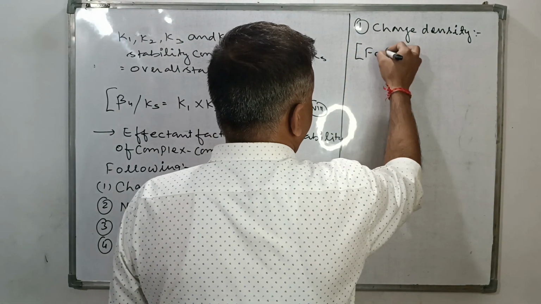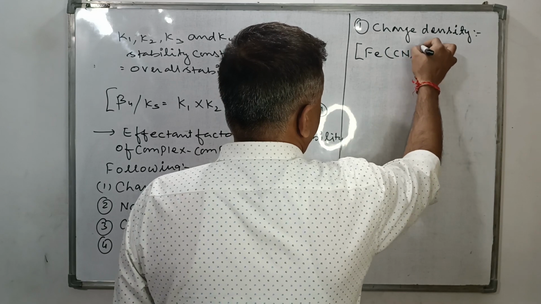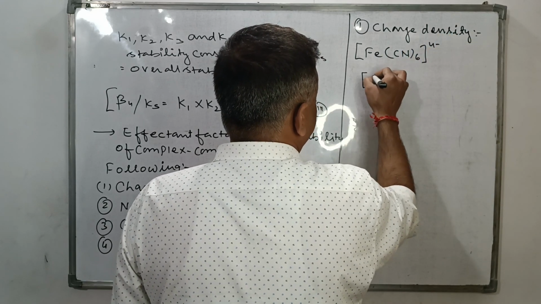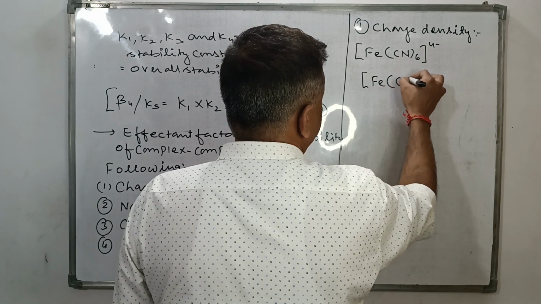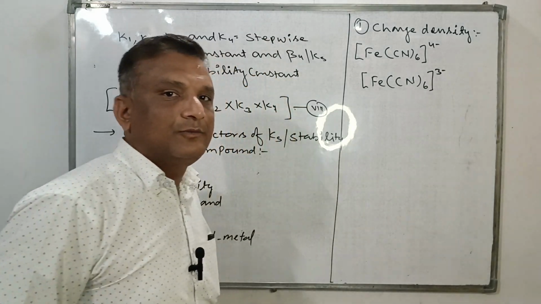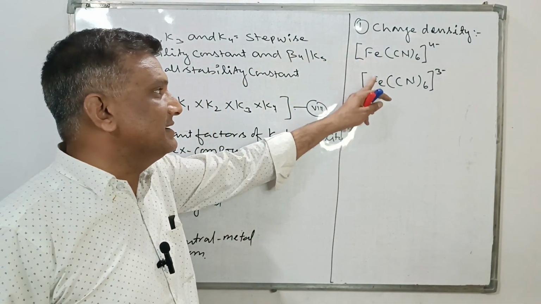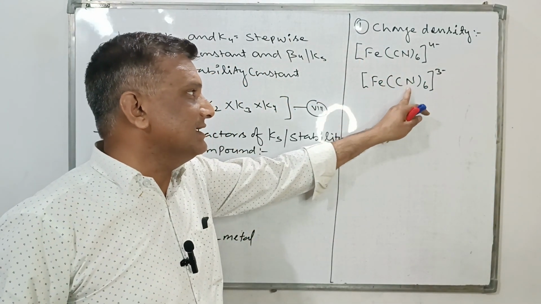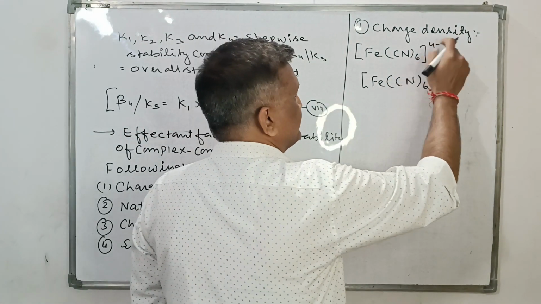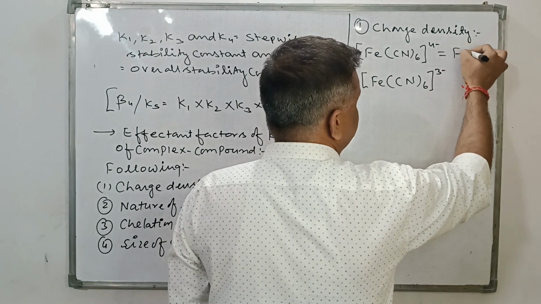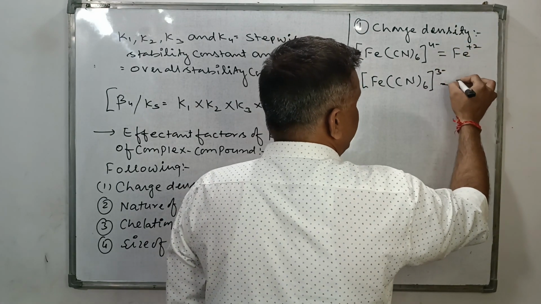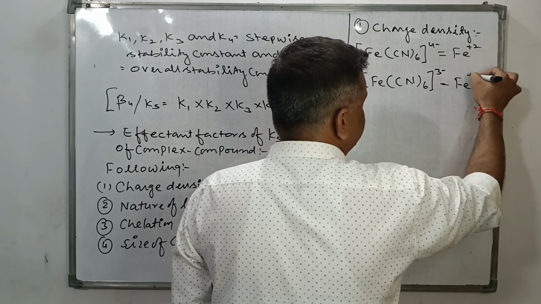Suppose you have [Fe(CN)6] 4 minus, and another complex is [Fe(CN)6] 3 minus. Both have the same central metal atom Fe, same number of ligand CN 6, but here is the charge: 6 minus 4, Fe carries plus 2 charge, and 6 minus 3, Fe carries plus 3 charge.